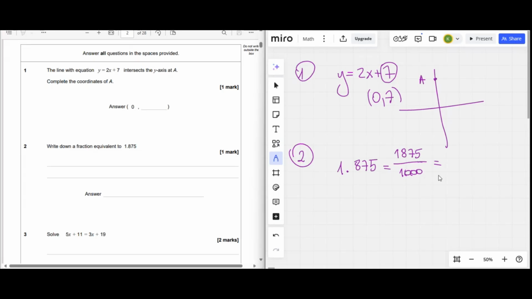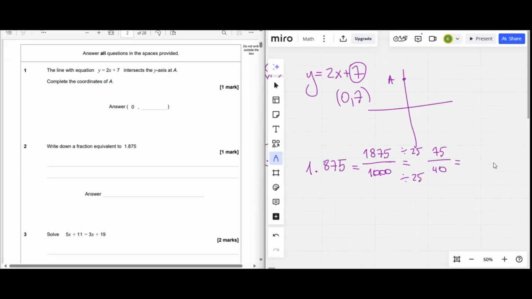And now we need to simplify, right? Cancel down both. For example, we can divide both by 25. It's 75 at the top and 40 at the bottom.